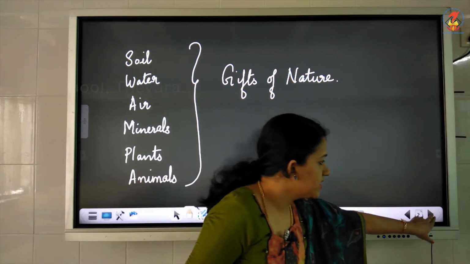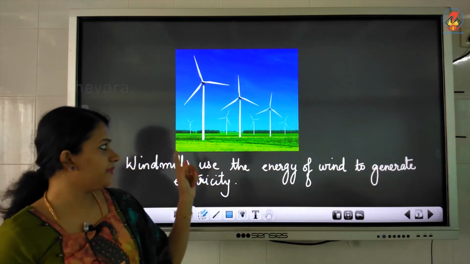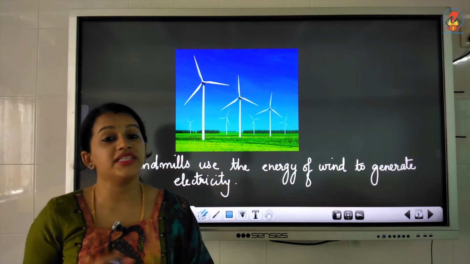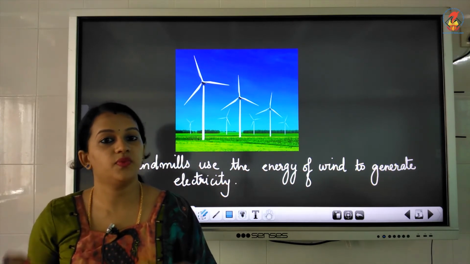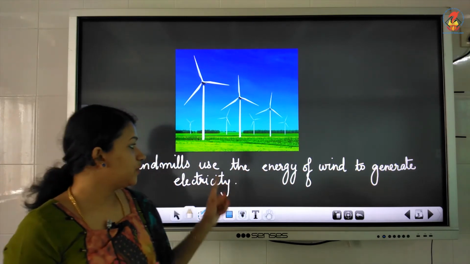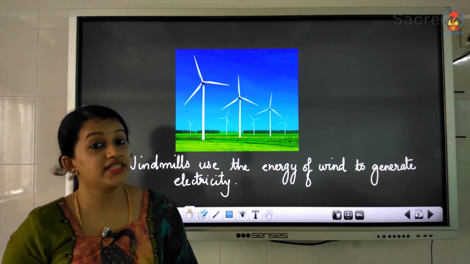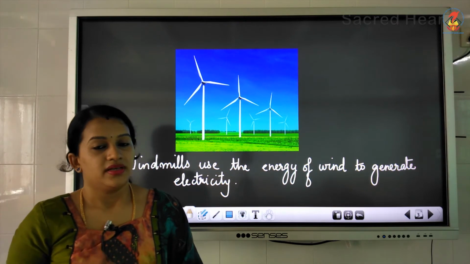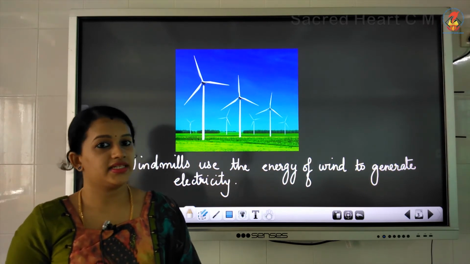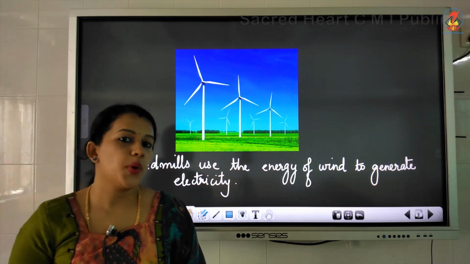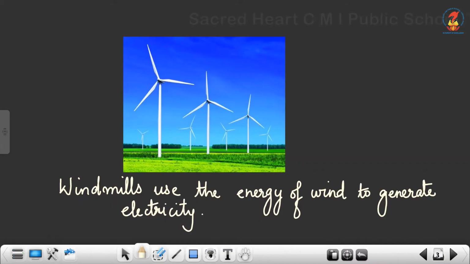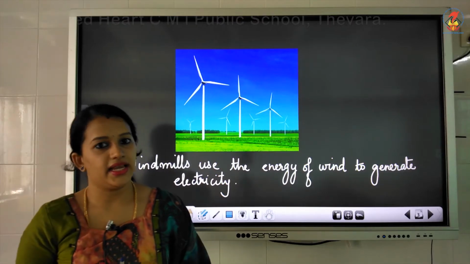By using the wind energy, they constructed windmills so that they could generate electricity. In windmills, the energy from the wind is used to generate electricity.